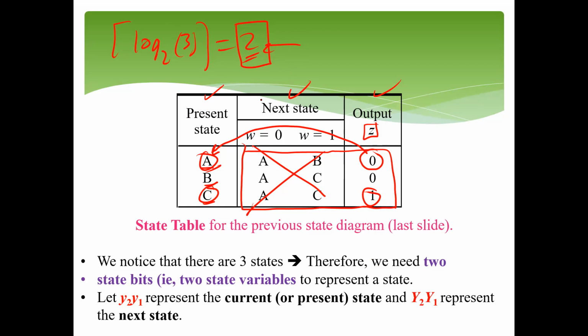Now 2 flip-flops, give each flip-flop a code. In this example, it gave it Y2 and Y1. You can use Y1 and Y0 if you want, but most problems in the book are using a slightly different numbering system. They don't start from 0, they start from 1. I don't know why.